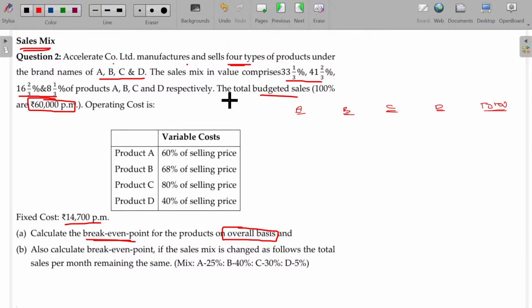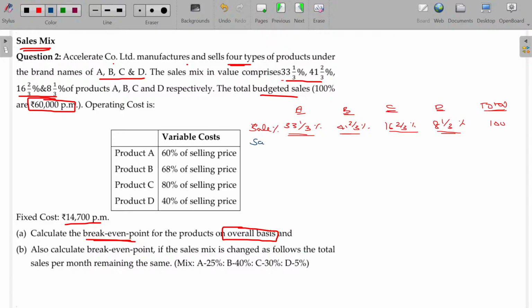What is the total here? Percentage of sales being 33 1/3 percentage, here 41 2/3 percentage, 16 2/3 percentage, 8 1/3 percentage. Out of 100 rupees of sales, each and every product will comprise this much sales proportion. This is sales proportion.